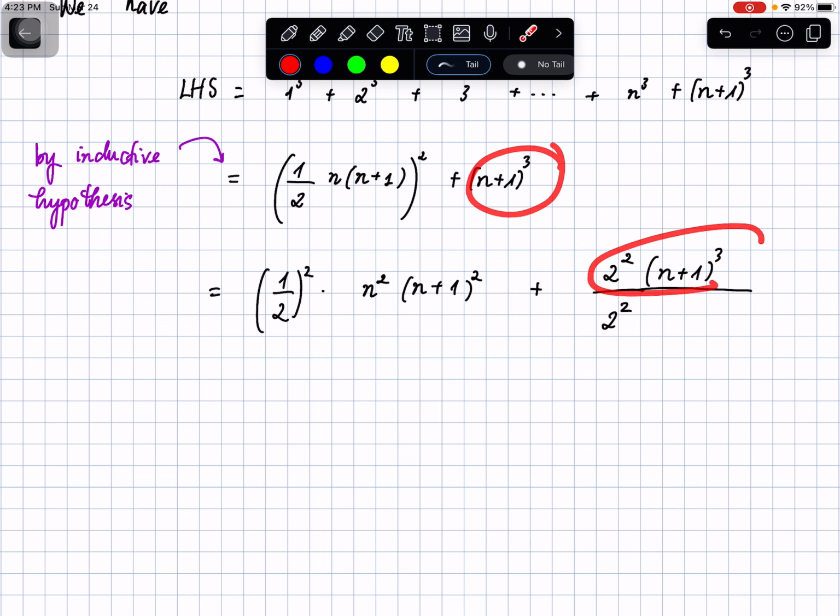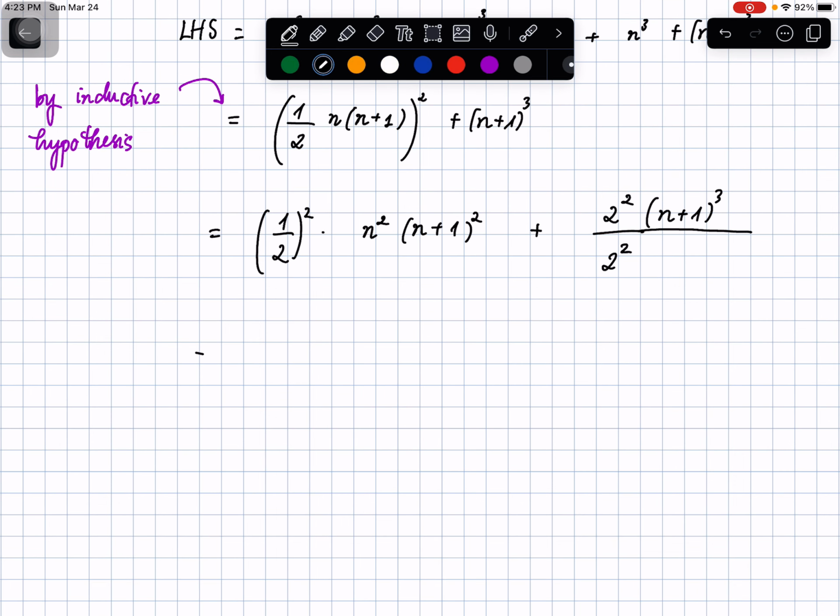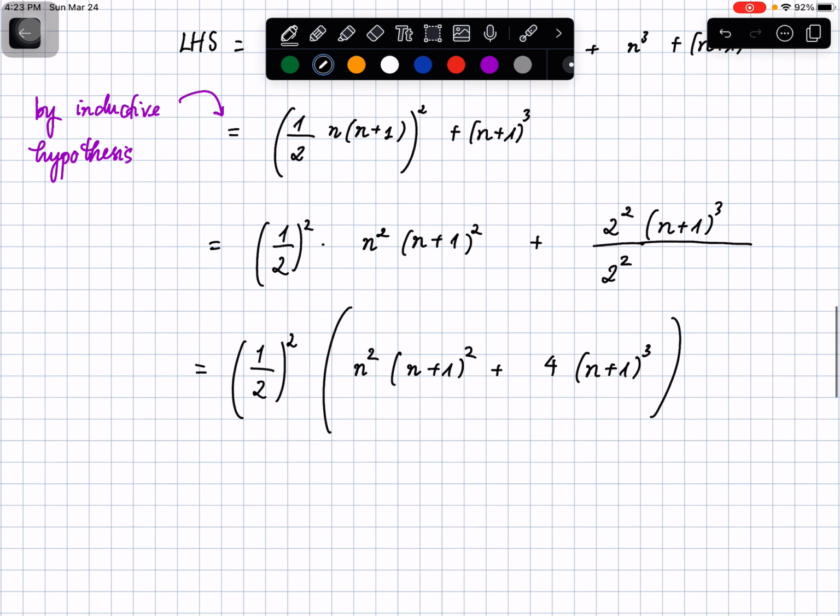So then we can put 1 over 2 squared out there. Inside we have n squared, n plus 1 squared, and 2 squared, so 4 times n plus 1 cubed. So what is this?